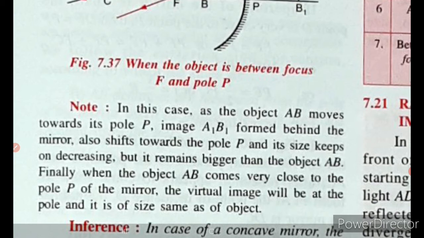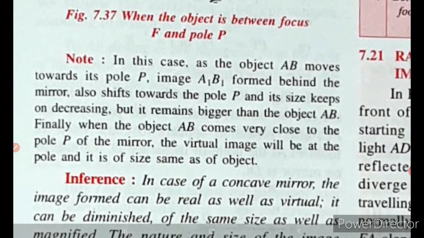Finally, when the object AB comes very close to the pole of the mirror, virtually at the pole, the virtual image will be at the pole and it is of the same size as the object. This is only for the last case.